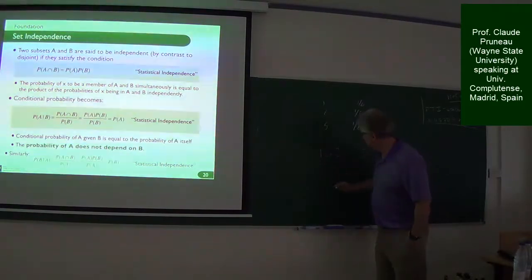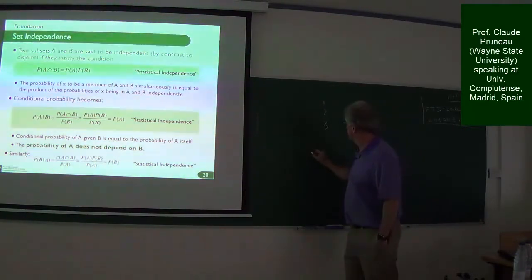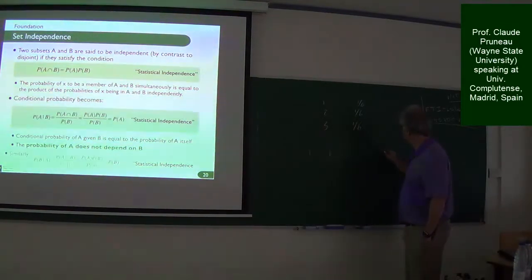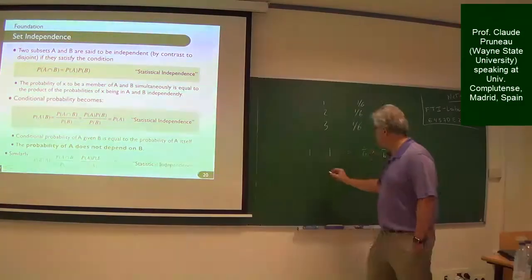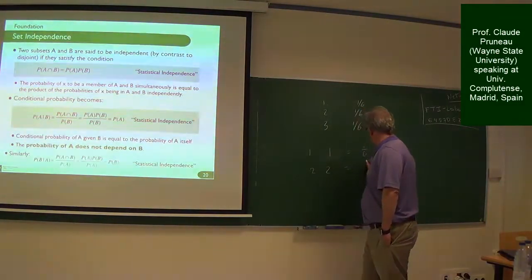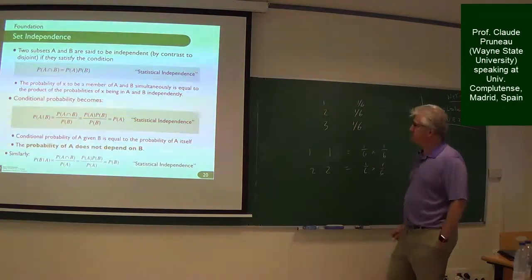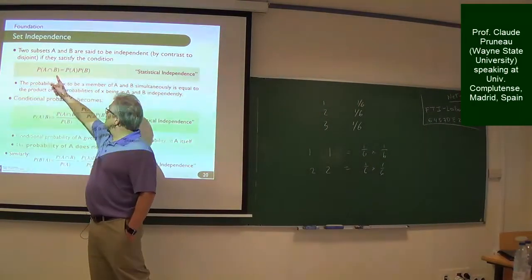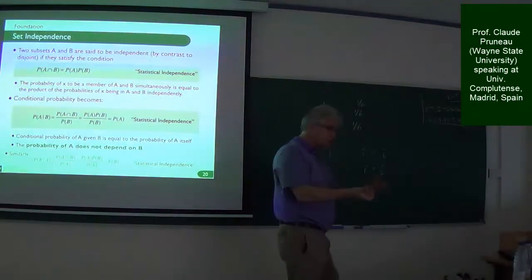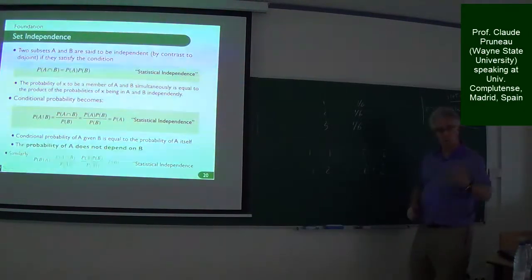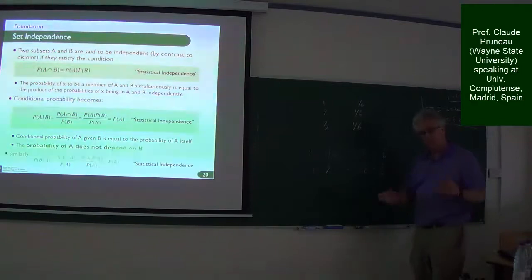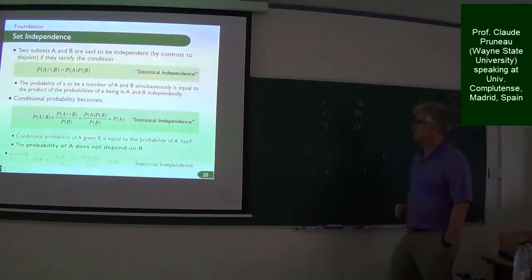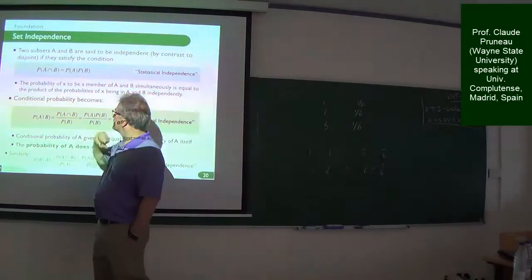That's right. If I now have two dice, rather, the probability of rolling 1 and 1 will be 1/6 times 1/6. And the probability of rolling 2 and 2 would also be 1/6 times 1/6. So that defines statistical independence, because when I roll two dice, obviously the roll of one is not influenced by the roll of the other, so physically they are independent, and so statistically they will also be independent. And that defines the condition of statistical independence.